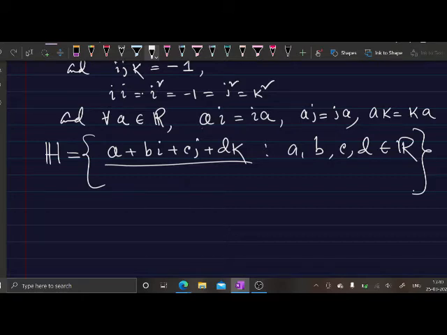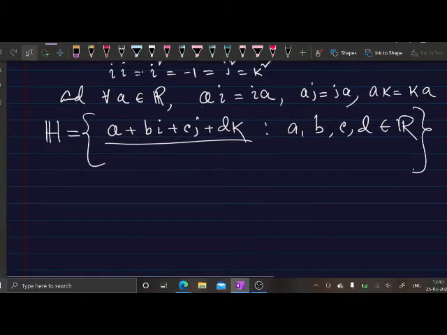Now what to do with this set? Now we shall define. So our aim is to produce an example which is going to be a ring which will be non-commutative, but the ring will have an identity, multiplicative identity, that is unity, and every non-zero element of that ring should have multiplicative inverses.